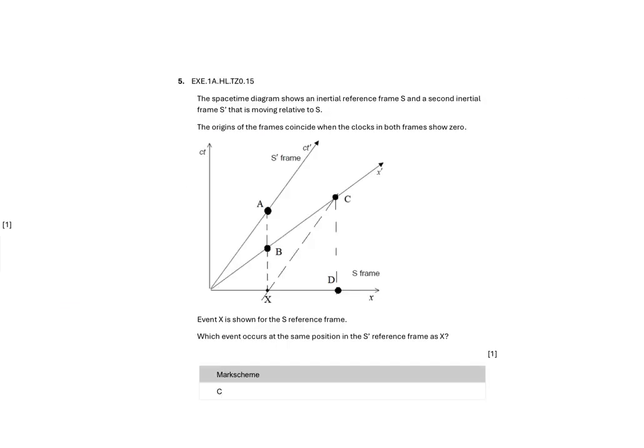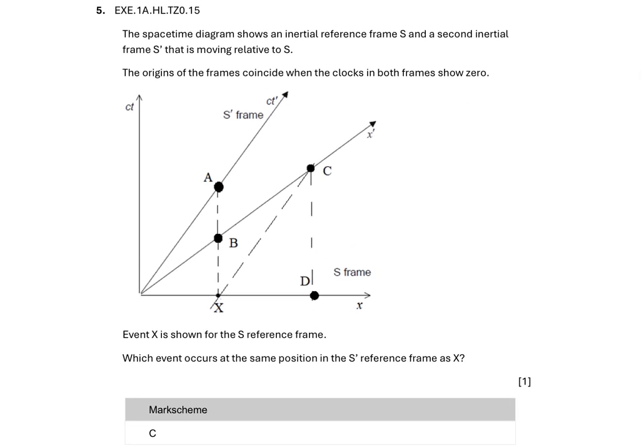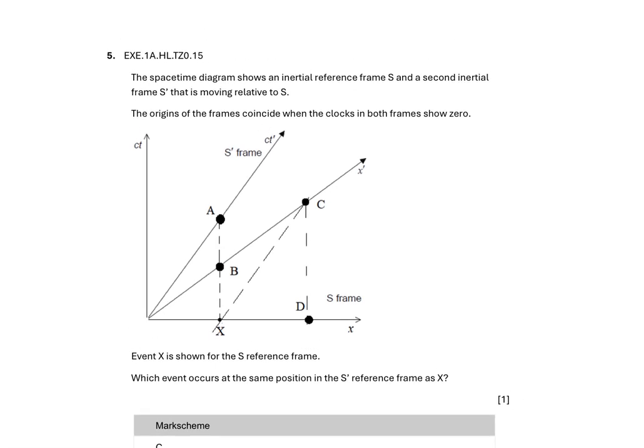So we have ourselves a Minkowski, I forget the guy's name, space-time diagram. And so we have two reference frames, both S and S prime, shown in the diagram. All right, and so the question makes reference to an event X. So the event X is right here, and that occurred in the S reference frame.